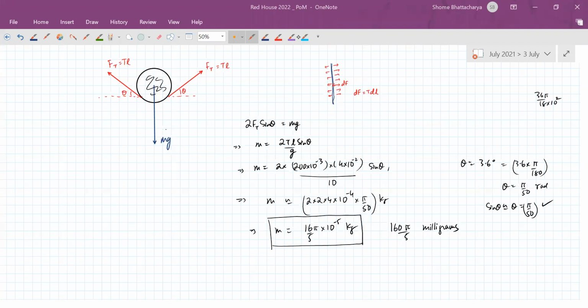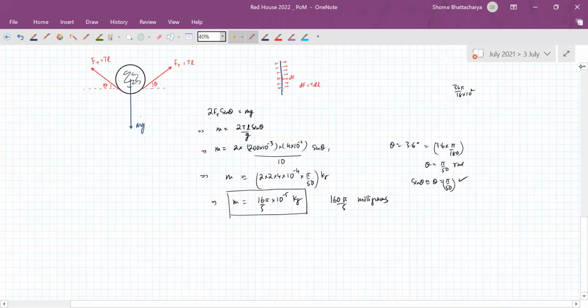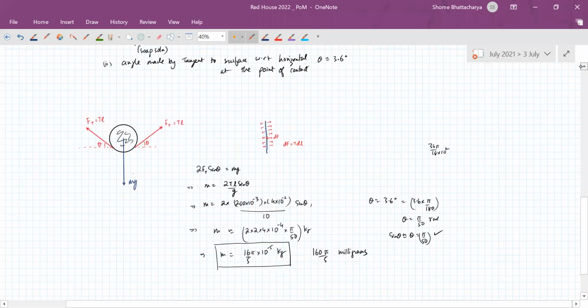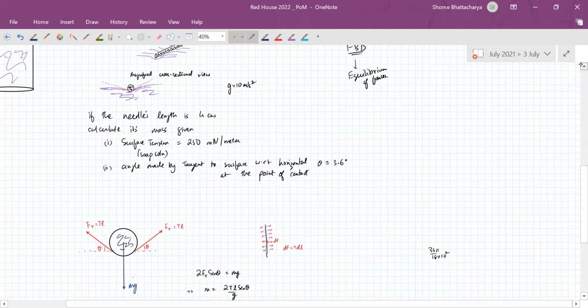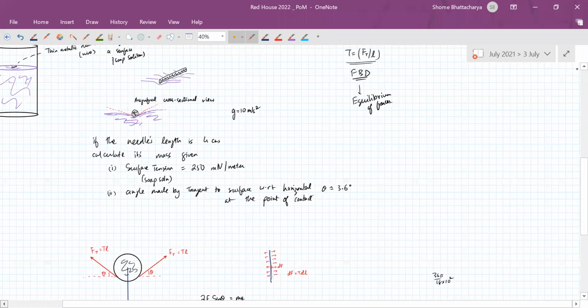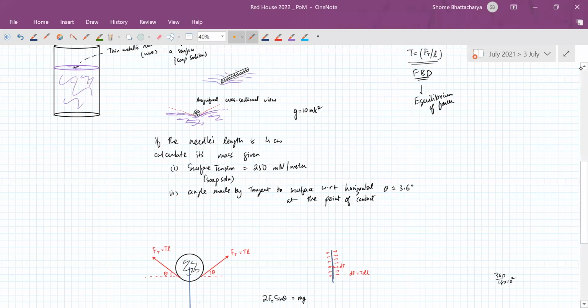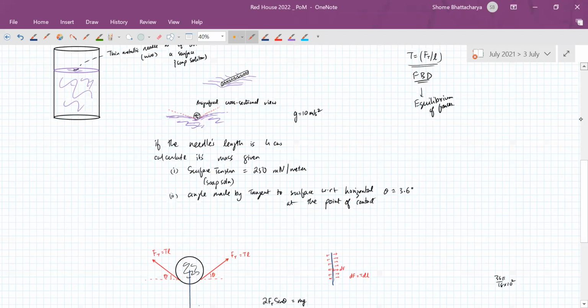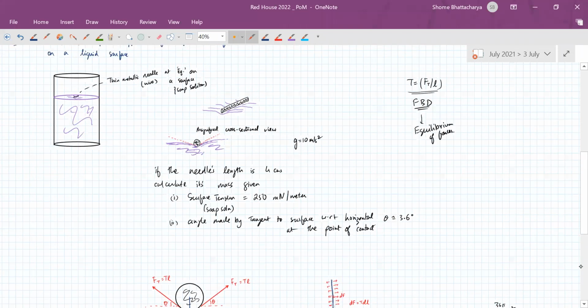Yeah, sure. I'll scroll up. Oh, sorry, I took the surface tension wrong. It's 250. I've taken it 200 in my solution. Sorry.